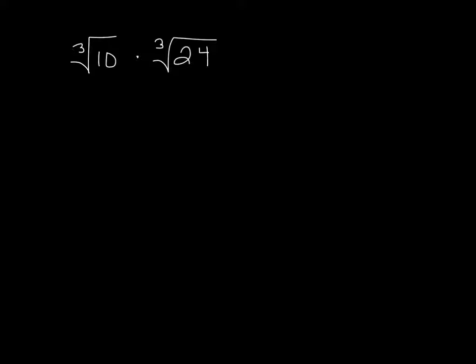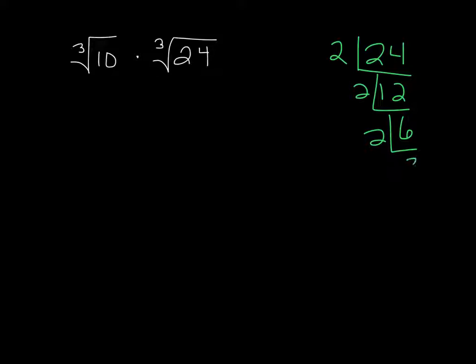Okay, the cubed root of 10 can't be simplified because that's just 2 times 5, which is 2 prime numbers. 24, however, we can. You have 2 times 12, and then 2 times 6, and then 2 times 3. So you see we have 3 2's there.